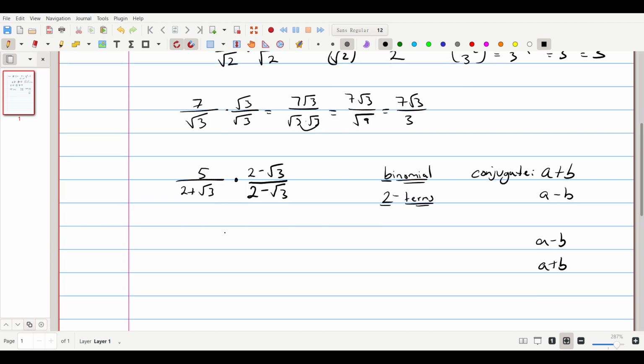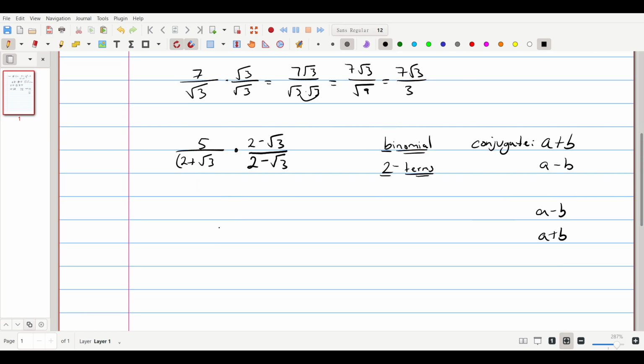Okay, and so what are we going to get here? Well, remember your FOIL operation. You have to make sure everything in the first set touches everything in the second. And so 2 times 2, let me do it here so it's not all crowded over there.